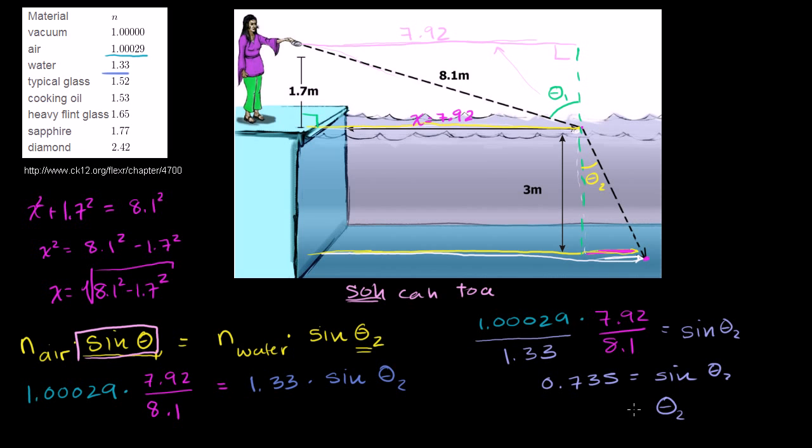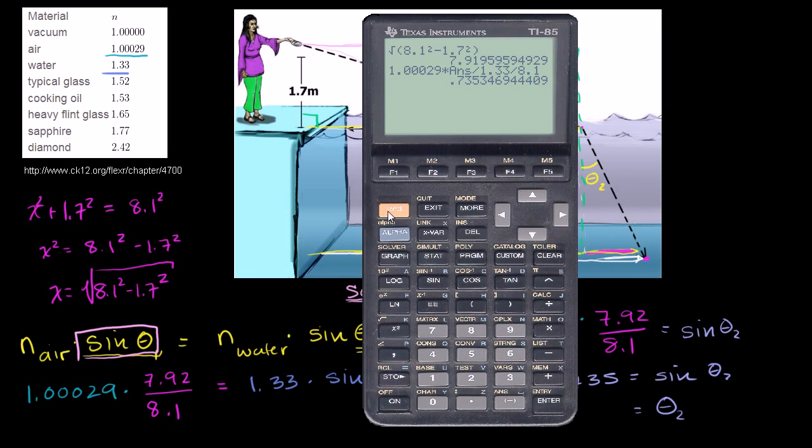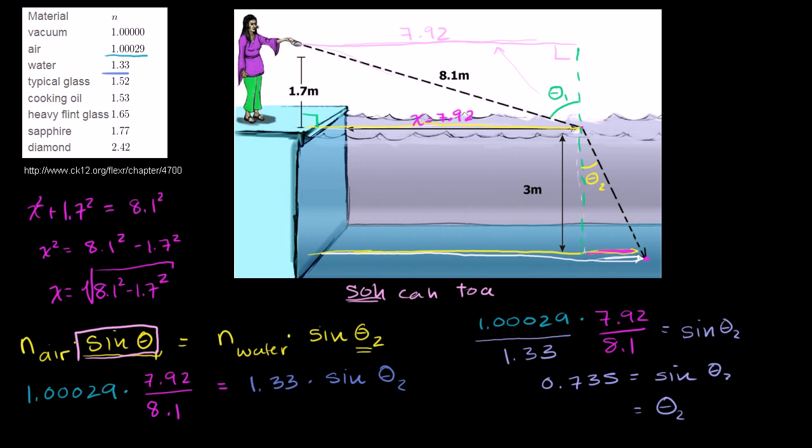So I take the inverse sine of the value that we just had, our last answer, and we have theta 2 being 47.34 degrees, rounded. So we were able to figure out what theta 2 is, 47.34 degrees.